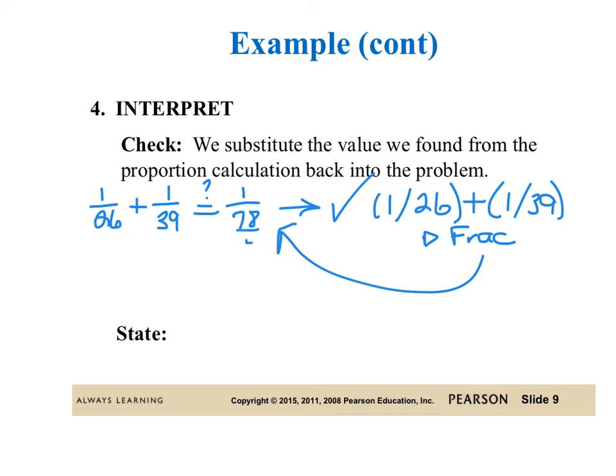I'm sorry, I forgot to write down 78 over 5. Sorry about that. And actually that comes out to be 5 over 78.